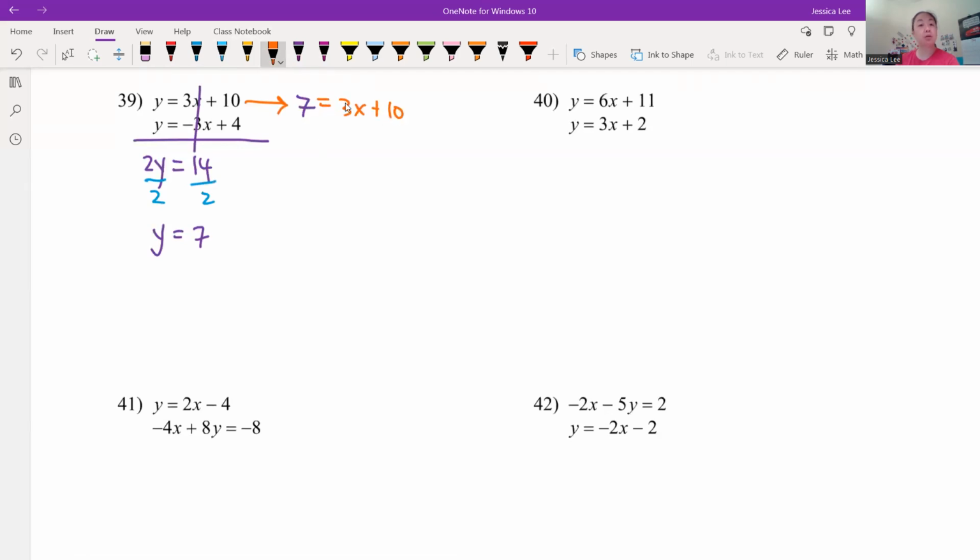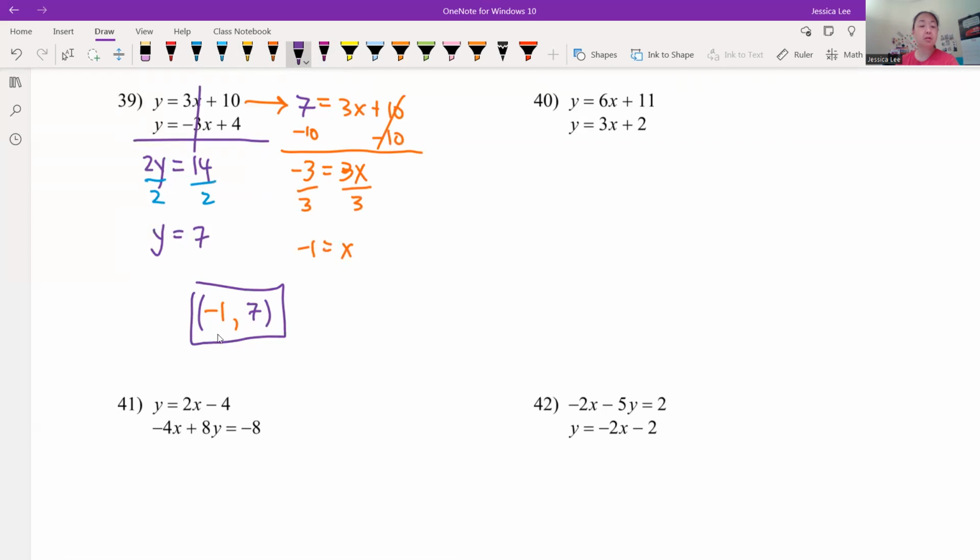Now we're just going to subtract 10 on both sides. We get negative 3 is equal to 3x. And then divide by 3, and we get negative 1 is equal to x. So our solution will be negative 1, 7. Don't forget the parentheses because you're showing that it's a point.